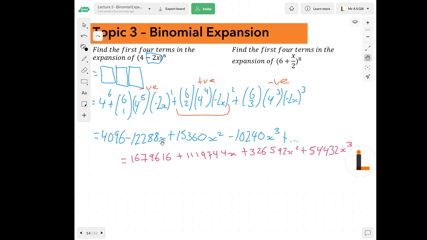So just double check that, but I think that one is correct. And then this is at the bottom, the answer for question 2 down there as well. So just double check those answers there.